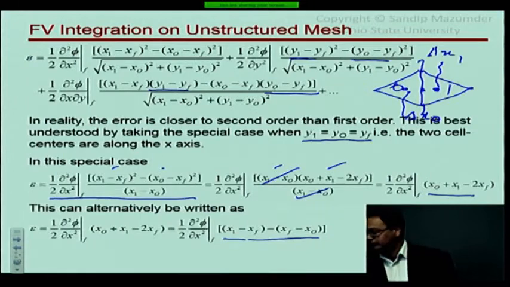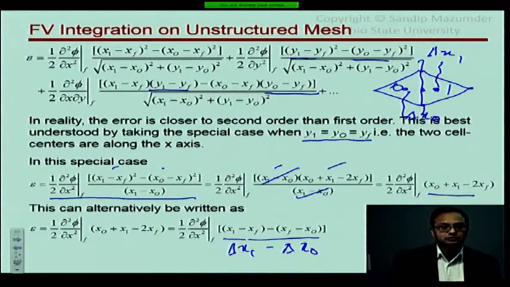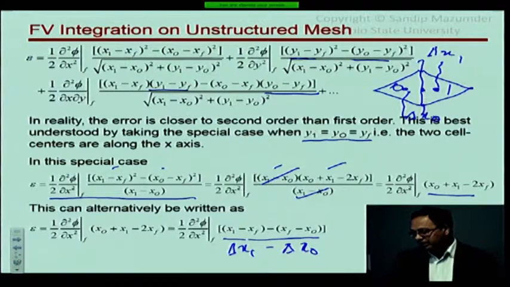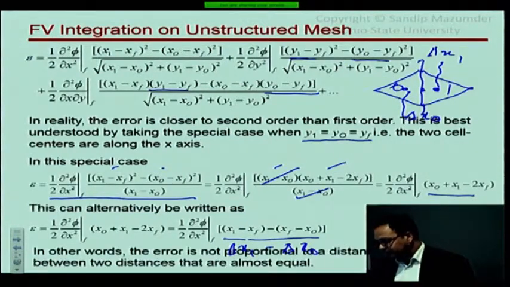So this is nothing but delta x1 minus delta x0. That's the error in my approximation. So the error is not really proportional to the distance itself, delta x, but it's proportional to the differences in the distance. This is the leading order error term, remember.